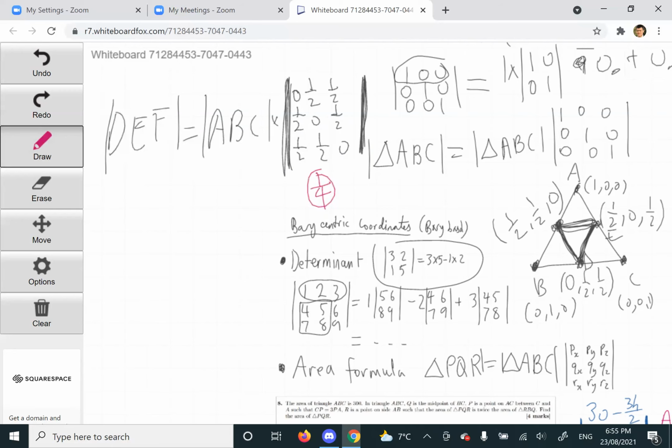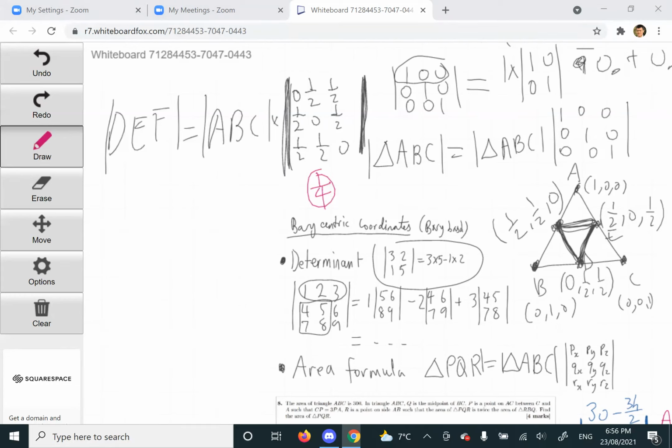So maybe can you do a calculation? I think if it worked out before, the area shouldn't be 0.